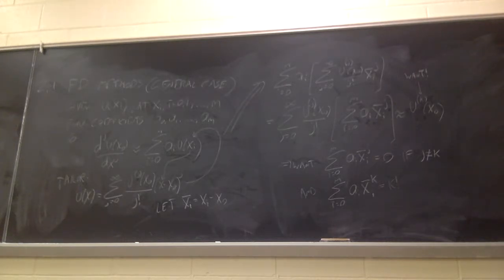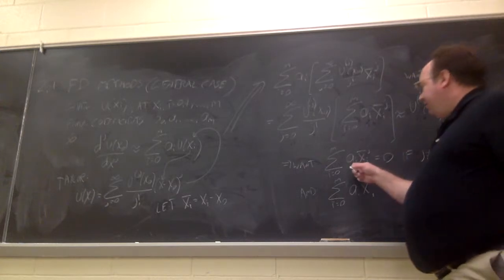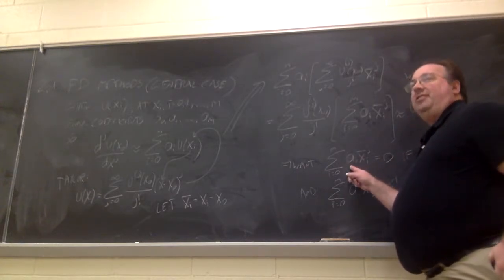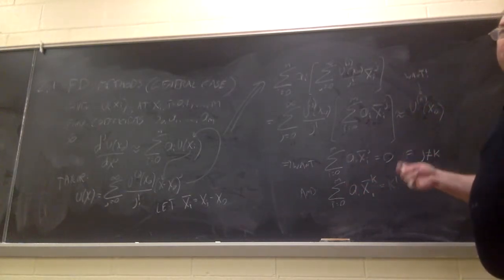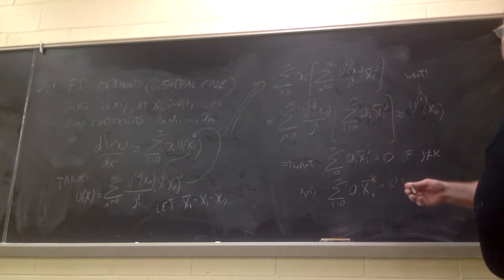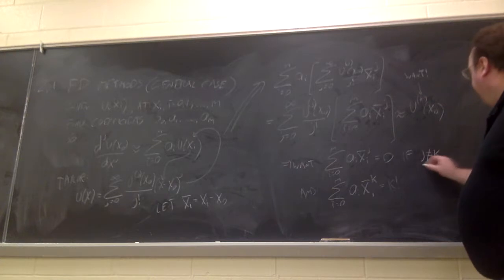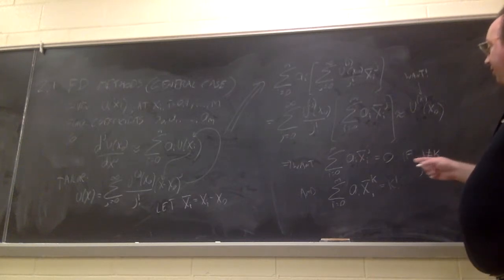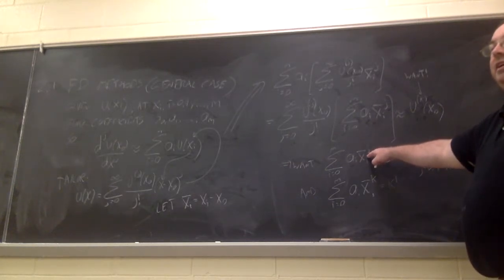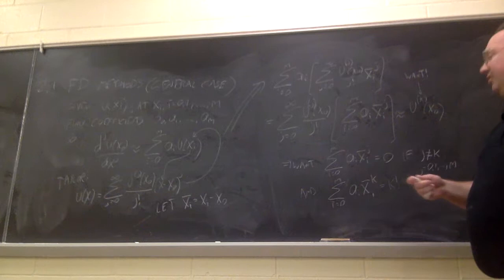Now I have m plus 1 unknowns, my a's. So to uniquely determine them, I should only have m plus 1 equations. So really, I only get to enforce this for j going from 0 to m. So that'll be my m plus 1 equations.